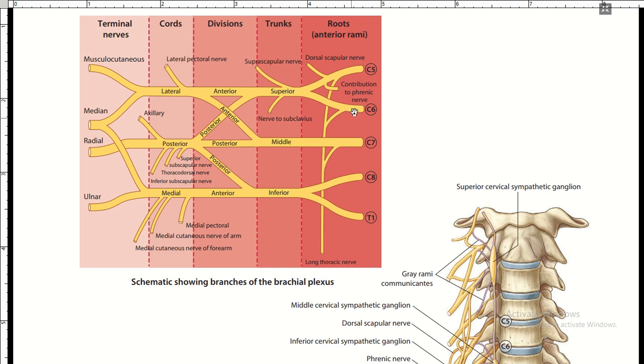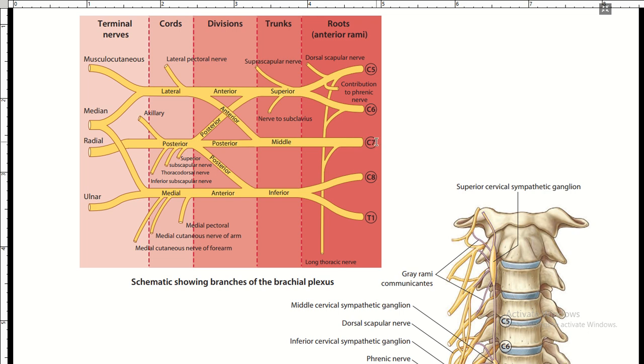So you're going to have your roots, your trunks, your divisions, your cords, and your terminal nerves. We said the roots are the anterior rami of your spinal nerves, so you're going to have your C5 to T1. The C5 and C6 are going to join and form what you call the superior or upper trunk.